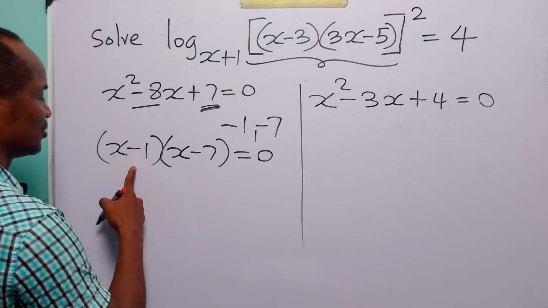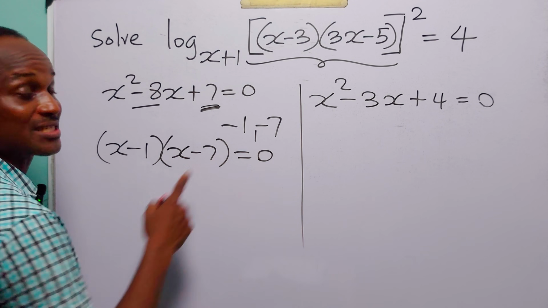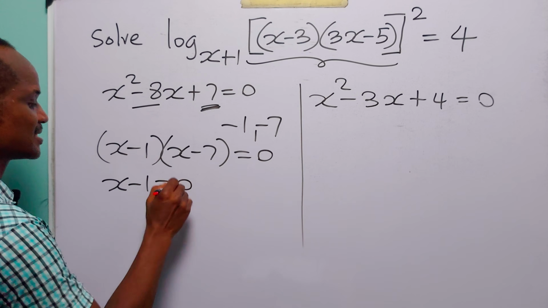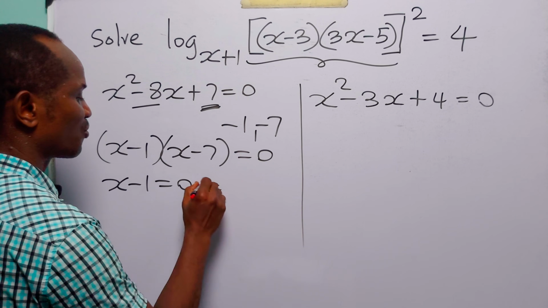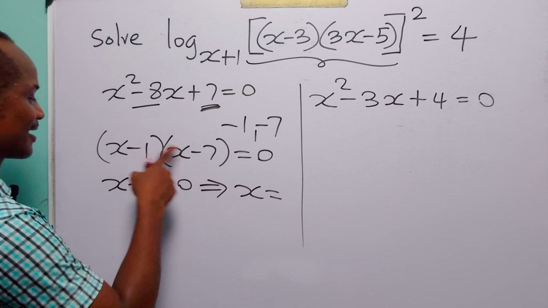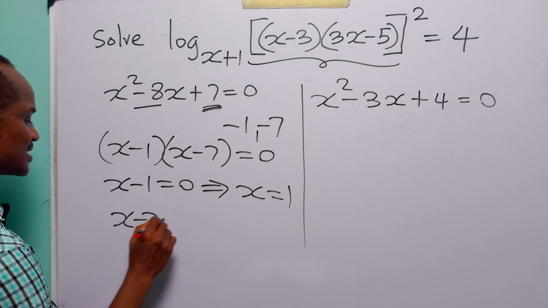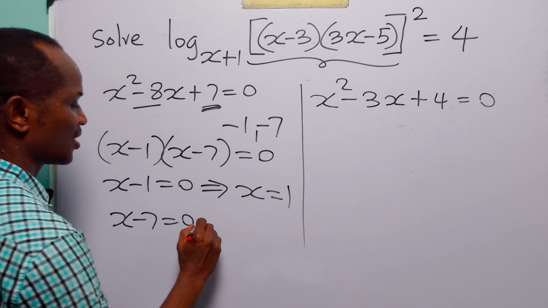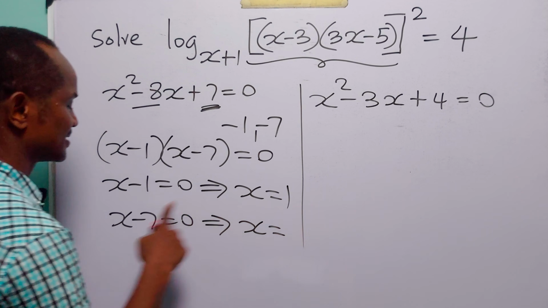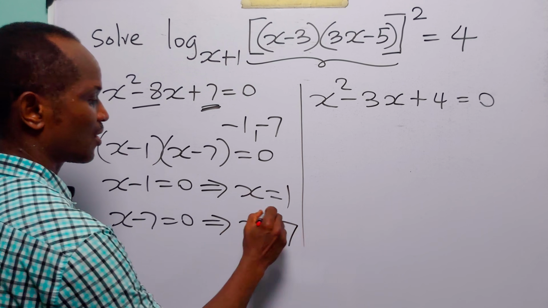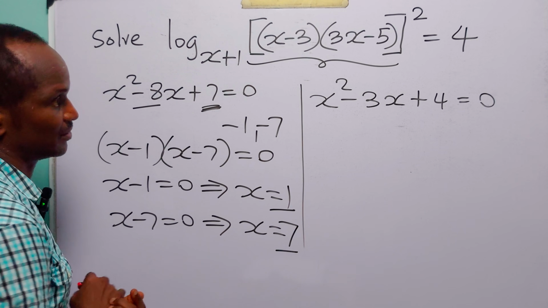And of course, you know that when the product of two items is 0, that simply means that either x minus 1 is equal to 0, from where x is equal to 1, or x minus 7 is equal to 0, from where x is equal to 7. So we have two values of x, 1 and 7.